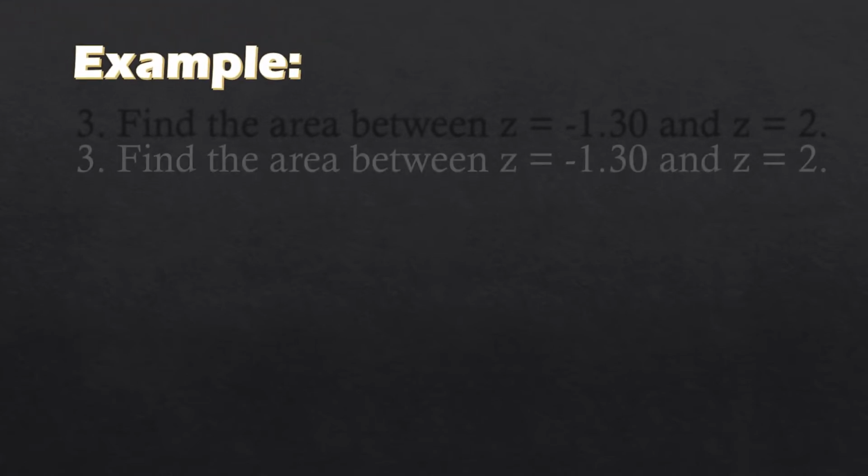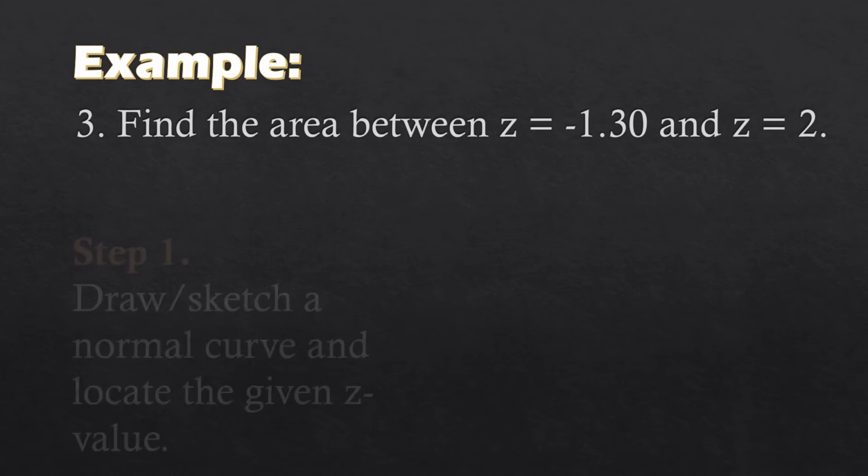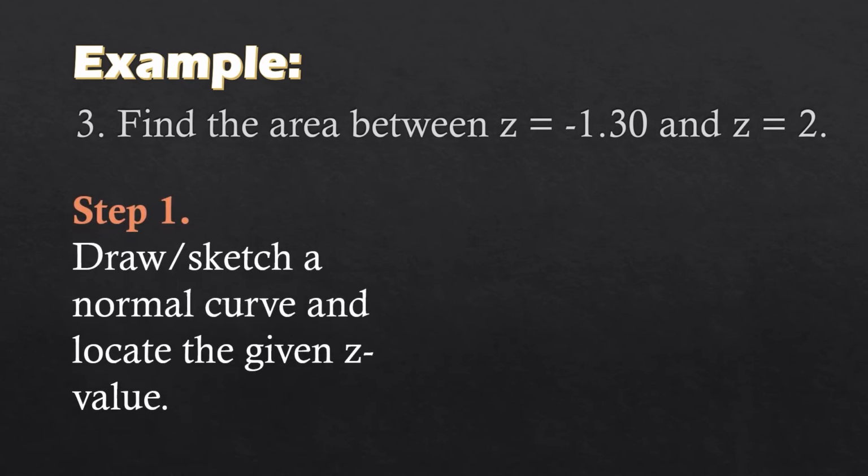Now we have our last example, which is to find the area between z equals negative 1.3 and z equals 2. This time we have to find the area between the two z values. Here is the keyword.